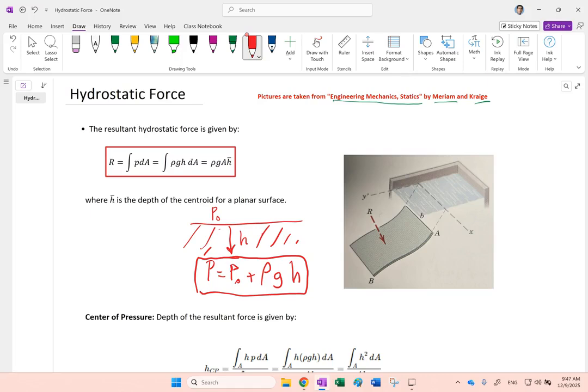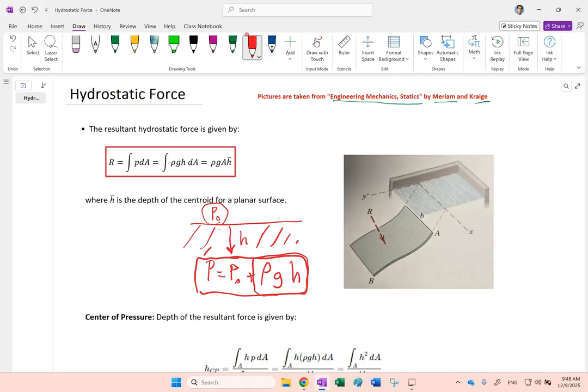Now if you want to look at the resulting force on the object, you can neglect this small P naught compared to the rest of it. Not always is P naught small, but many times, depending on the density, it could be much smaller than the pressure you see at some depth.